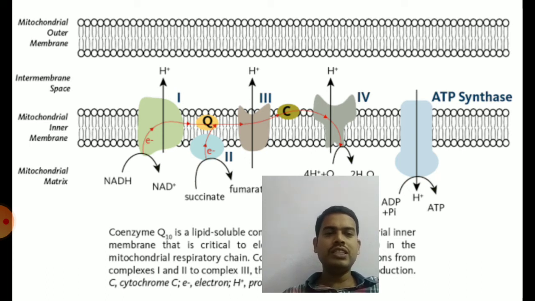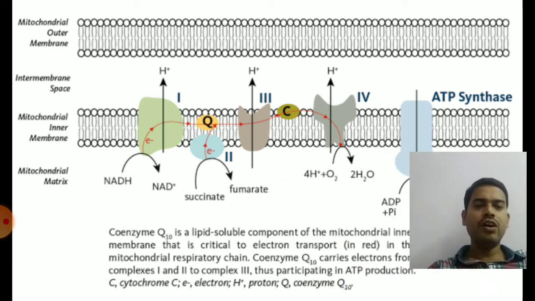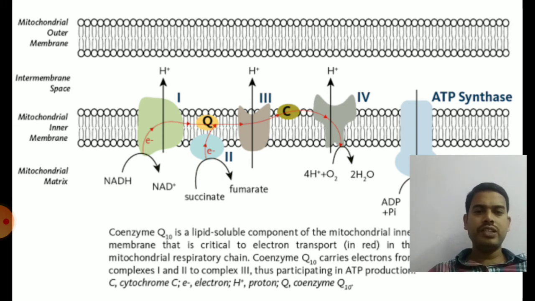So this diagram will show the overview of oxidative phosphorylation. There is an electron transport from NADH to a series of protein complexes that are present on the inner mitochondrial membrane. During this transport, hydrogen ions enter from the mitochondrial matrix to the intermembrane space.